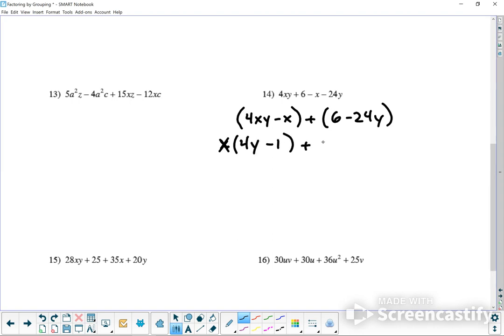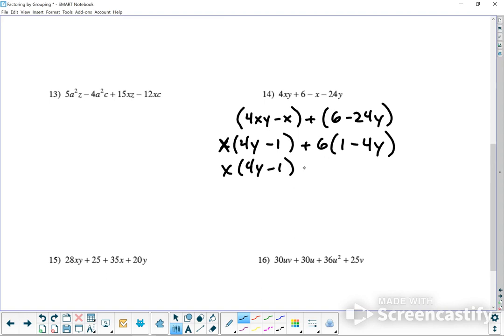And we factor out 6, we're left with 1 minus 4y. You can see that these are opposites. They're not the same. So I'm thinking, let's factor out a negative 1 from the back as well. So it means that we should have factored out negative 6. But it's okay. So let's write it like this.